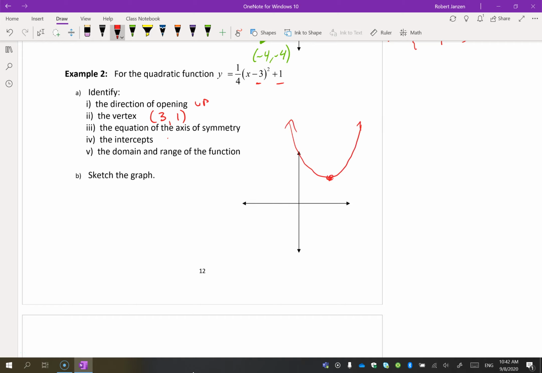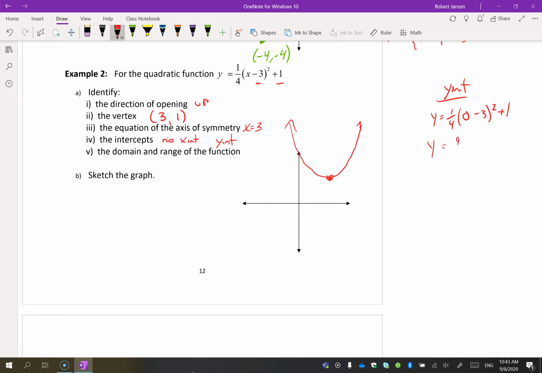Okay, the equation of the axis of symmetry is x equals the x value of the vertex. The intercepts. Do you see how there will be no x-intercepts? It doesn't cross the x-axis. And the y-intercept, if I make x be 0, let's try it. y is 1/4 times (0 minus 3) squared plus 1.